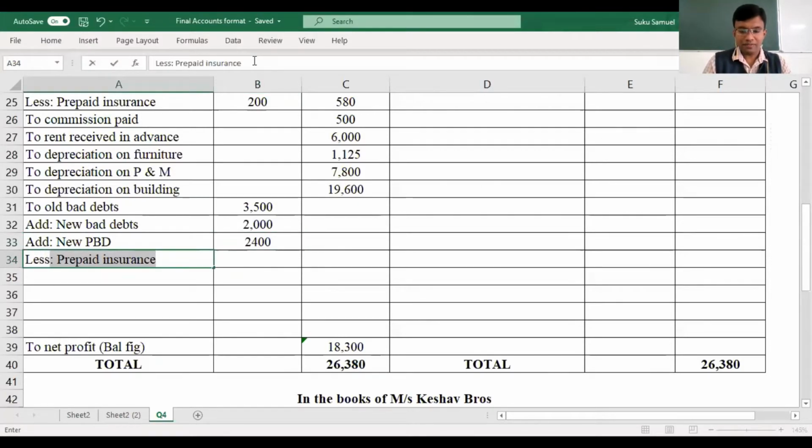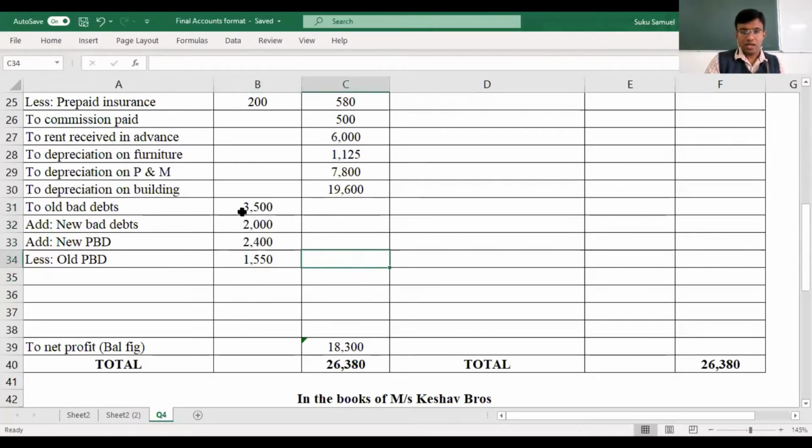From this, we will have to subtract old provision for bad debts. Why? Old provision for bad debts is the amount remaining from the previous year, so this is an income for you.